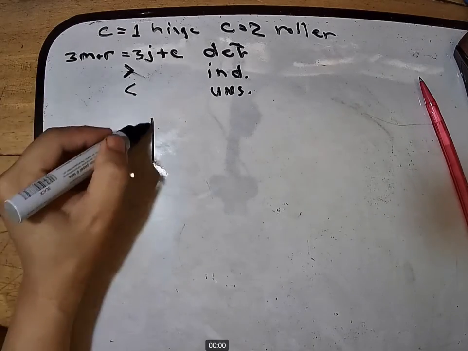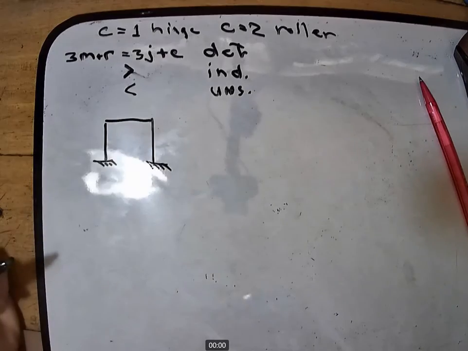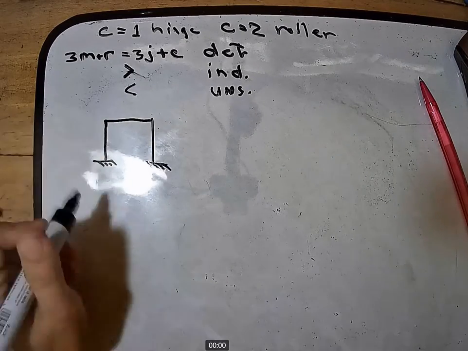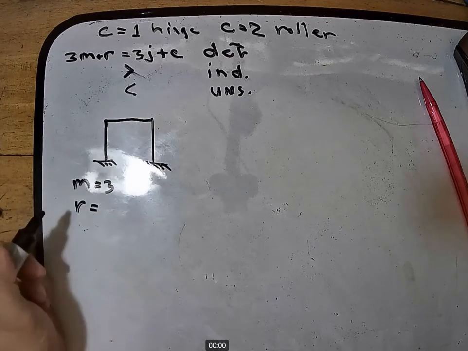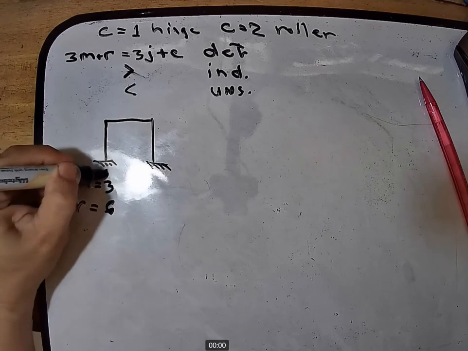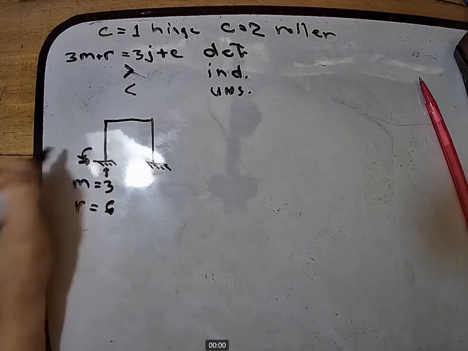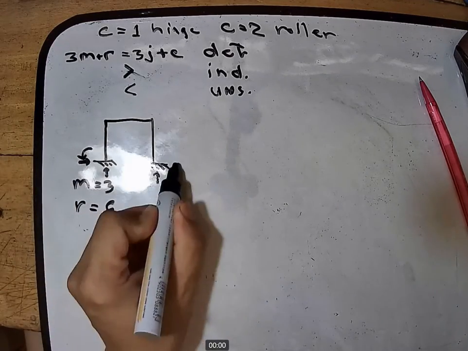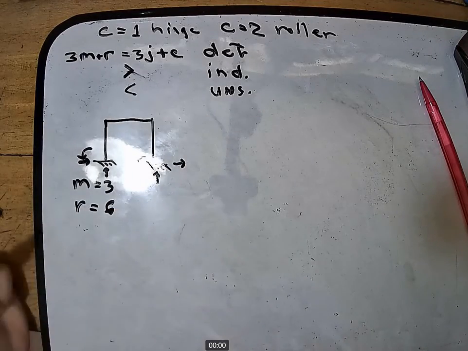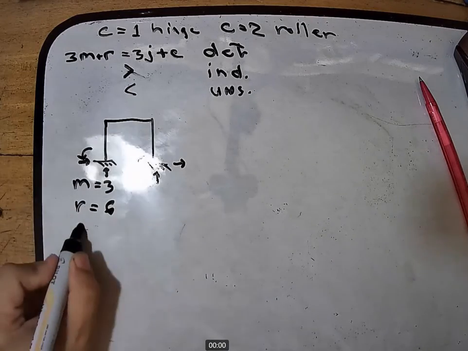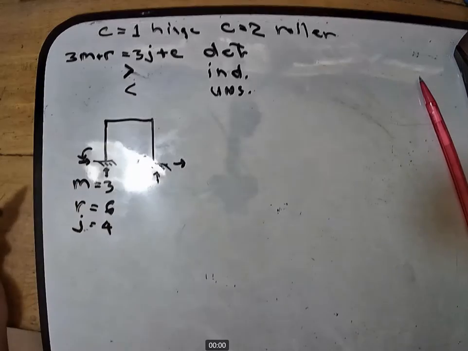So let's take this example. So, pinned. Your m is equal to 3. How many reactions? 6. So this is vertical, horizontal, and then moment. Here, vertical, horizontal, and still you have moment. So reaction is 6. And then how many joints? You have 4. 1, 2, 3, 4.